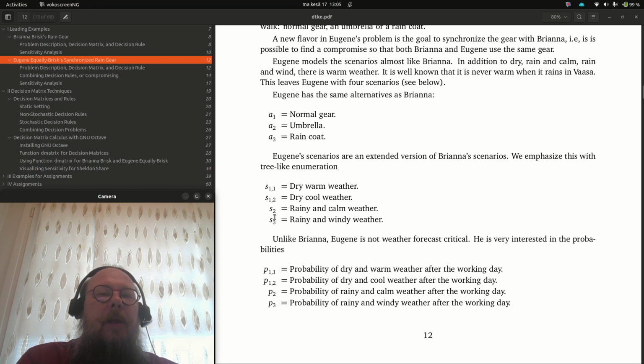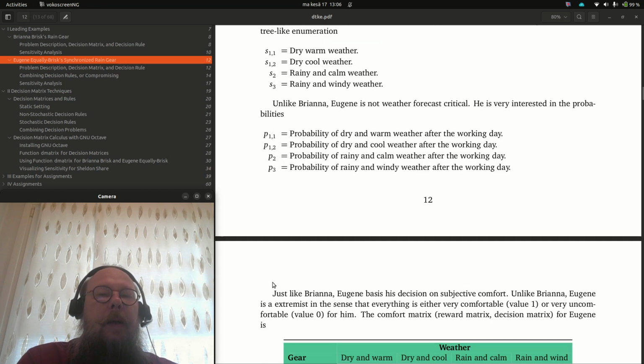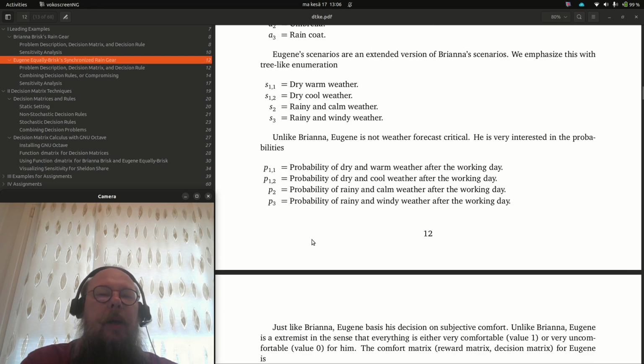And P2 is the probability of S2, which is rainy and calm weather after the working day. And finally, P3 is the probability of scenario 3, S3, that's the probability of rainy and windy weather after the working day. So these probabilities have to be figured out somehow, and okay, let's get back to this later.